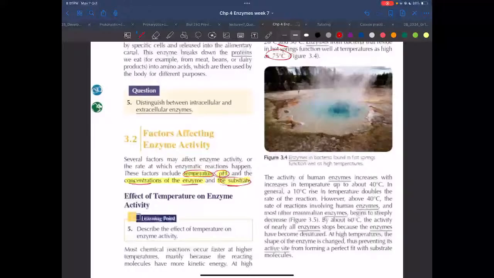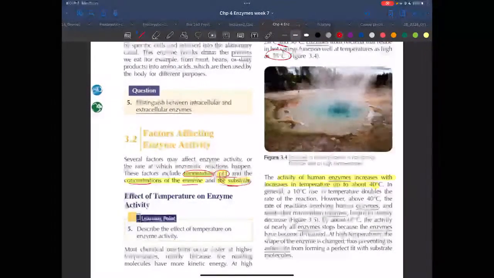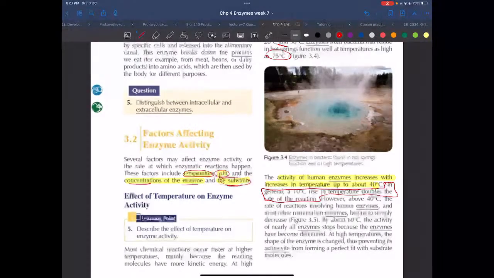And here they're telling you the activity of human enzymes increases with increases in temperature up to about 40. Now this is very important. Guys, they always ask about this. I promise you this will come in your exam. I'm 99% sure this is going to come.